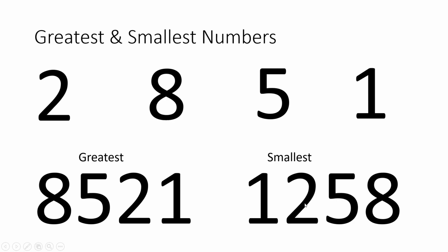So 1200 is smaller than 1500. So we pick the smaller one, which is 2, right? So we picked 2 for the hundreds place, similarly 5 for the tens place, and 8 for the ones place, which makes the number 1258, and this will be the smallest number that we will have, right?